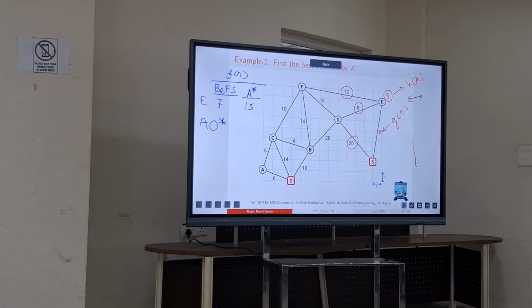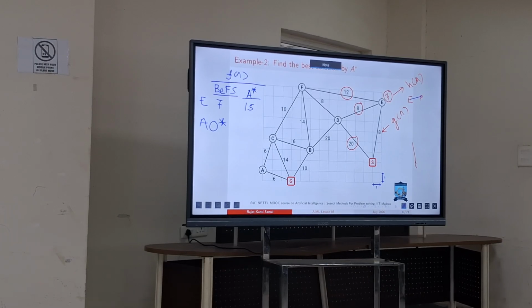For the shortest path problem, we use best first search or A star, which is a special case of best first search having the edge cost. The second kind is the AND OR graph, where the solution algorithm is AO star.